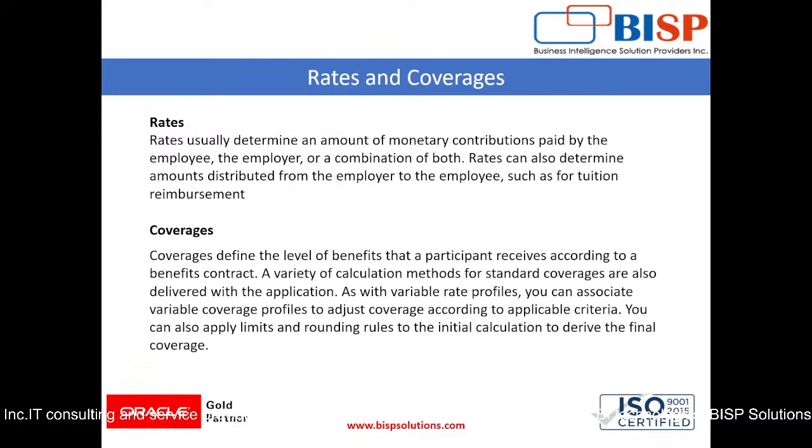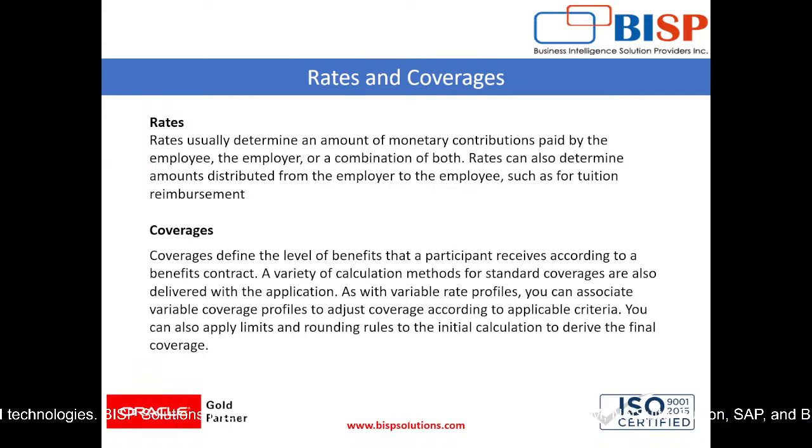Then there were rates and coverages. Rates are the monetary contribution, which can be paid by employees or the employer or a combination of both. Then there is your coverage, which is what a participant receives according to the benefit contract.